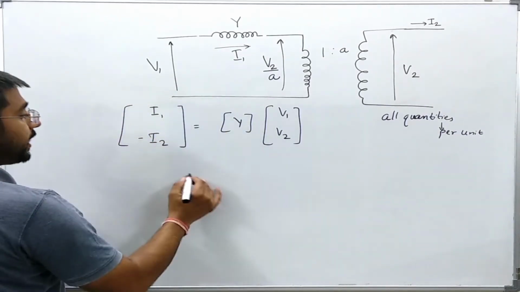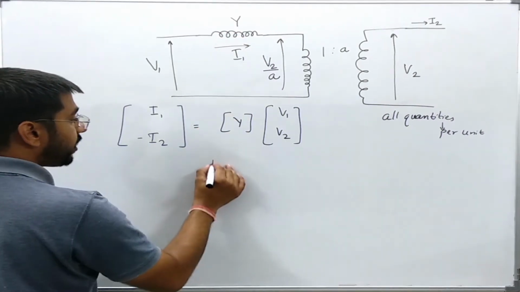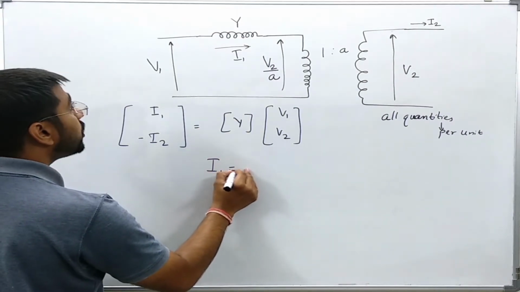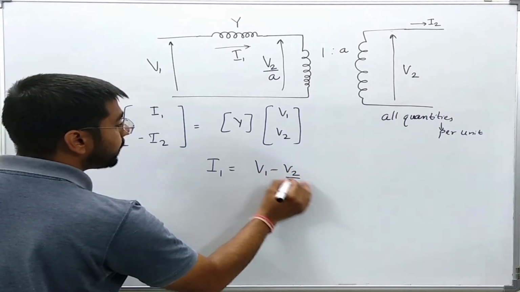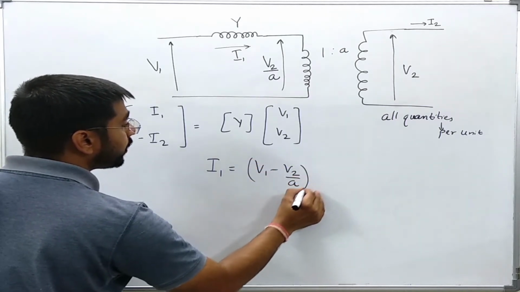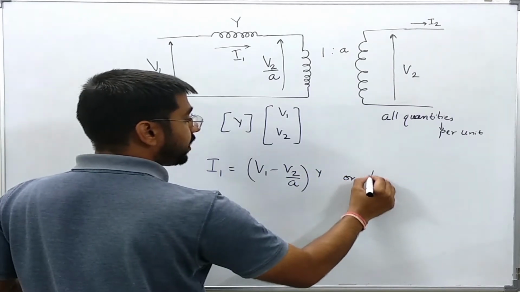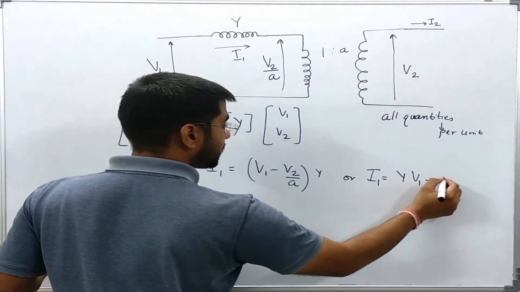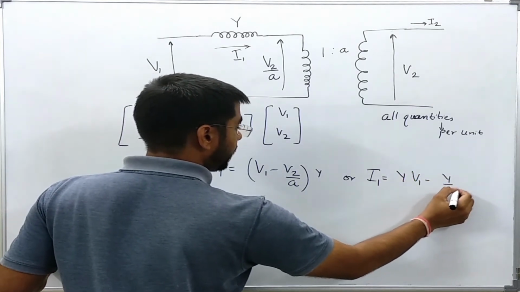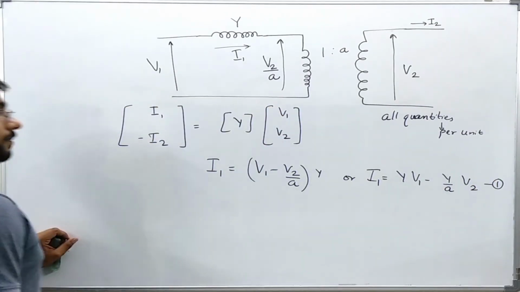Now I can write from this given network that I1 is equal to V1 minus V2 over A into Y, or I1 is equal to Y V1 minus Y over A V2. Let us say this is equation 1.